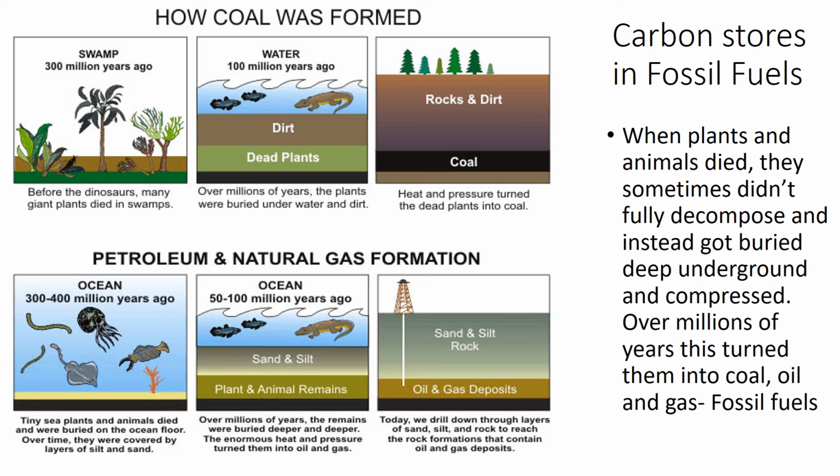So that fossil fuel will also contain carbon. So coal is mainly just pure carbon, and then oil will be our crude oil, so full of hydrocarbons, and gas like methane, for example, which is also a hydrocarbon.